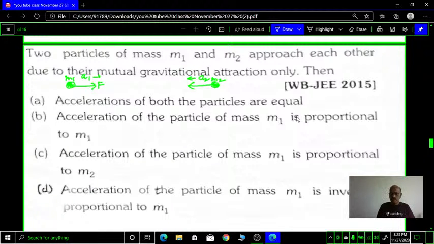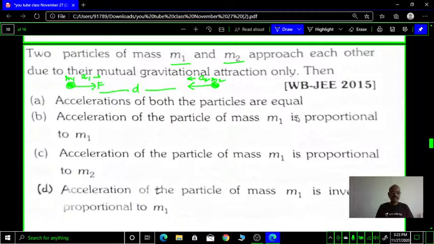Two masses m1, m2 separated by distance d. See the question now: m1, m2 approach each other due to mutual gravitational force of attraction. Option 1: acceleration of both the particles are equal. Option 2: acceleration of the particle of mass m1 is proportional to m1, and the particle m1 is proportional to m2. Option 3: acceleration of the particle m1 is inversely proportional to m1.